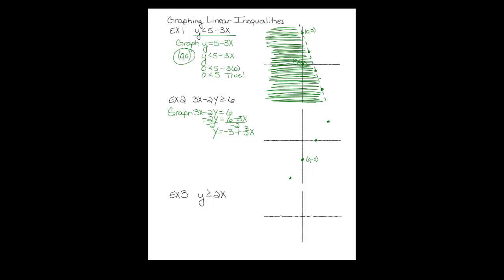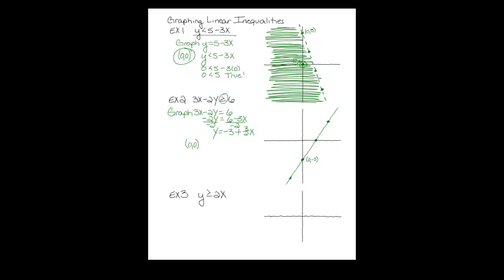And looking at the inequality sign, it is greater than or equal to. So our solution set does include the line itself, so I'm going to connect these points with a solid line, indicating that the line itself is part of the solution set. Now we have to check and see which side of the line is the points in our solution set.